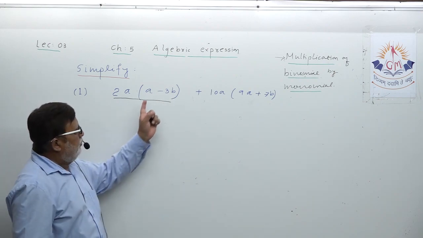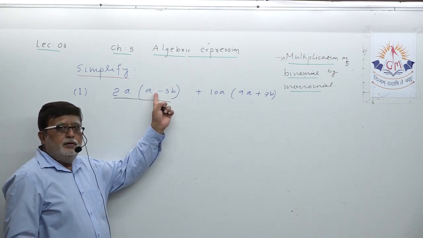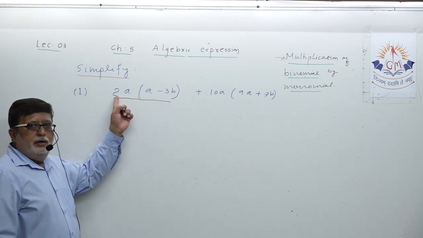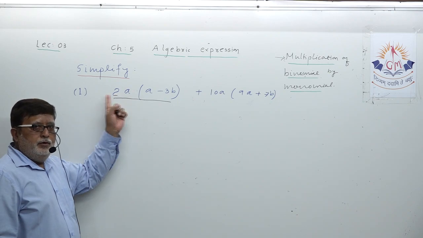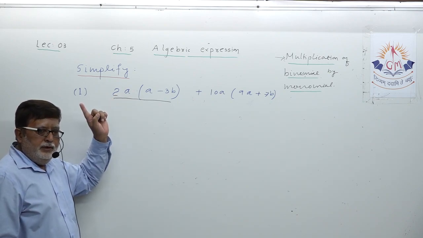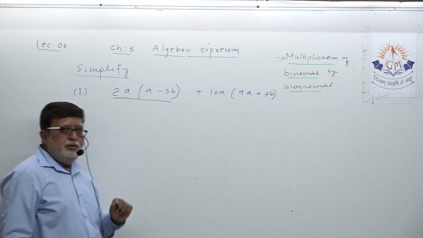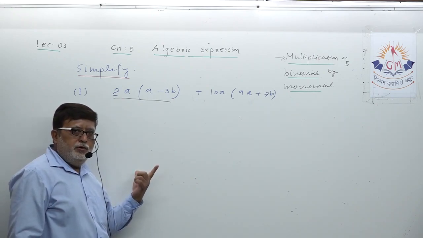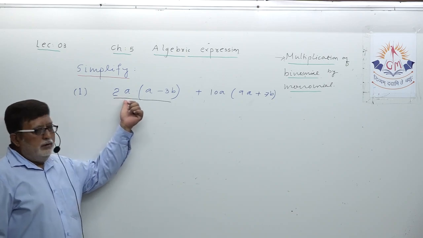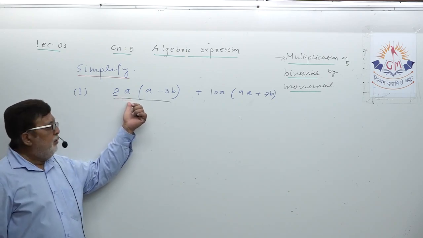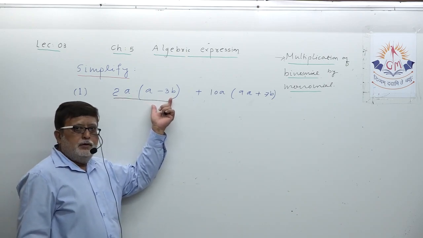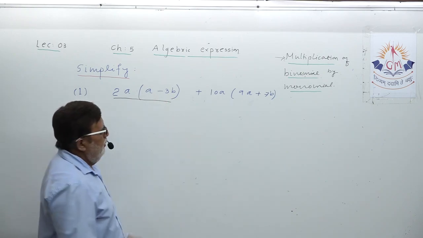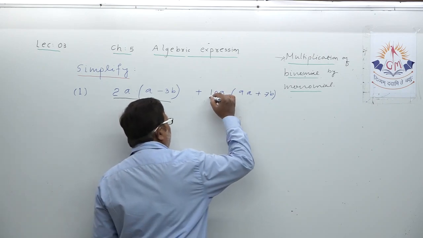What you observe here, one binomial and here one monomial. Is it clear in your mind? Such examples we have practiced just now, maybe more difficult than this. One monomial and in bracket one binomial. Here also be watchful.